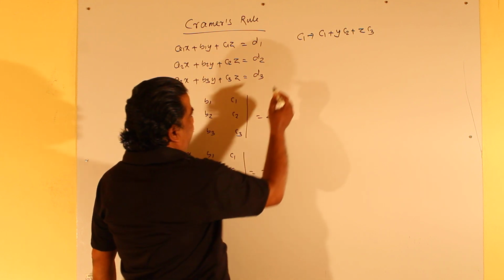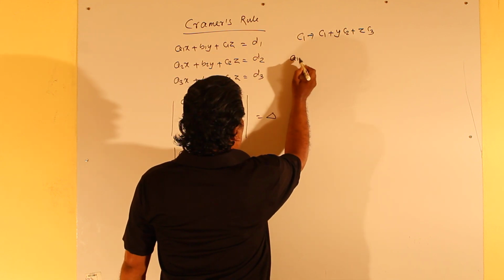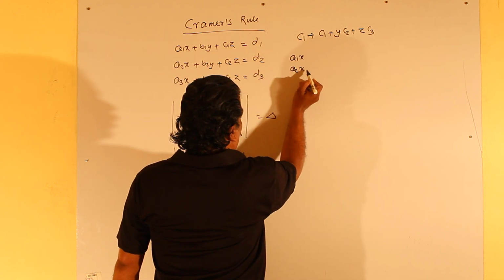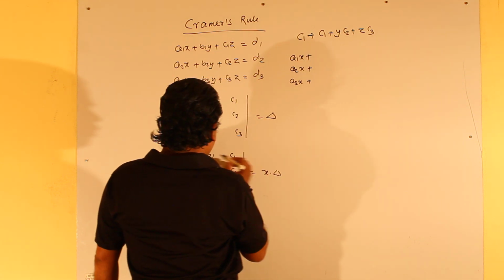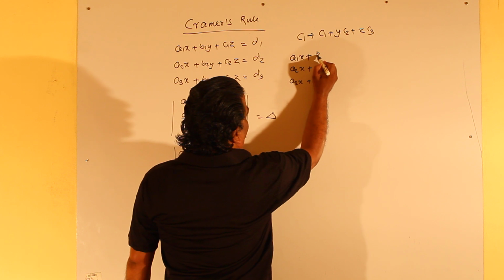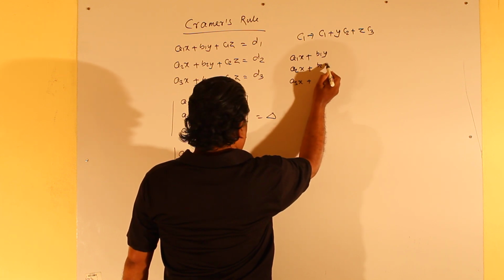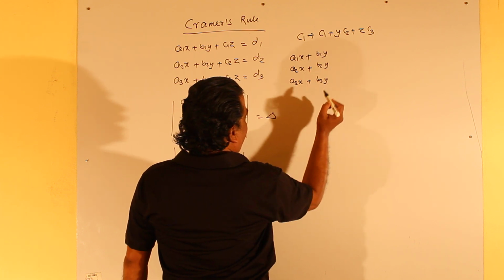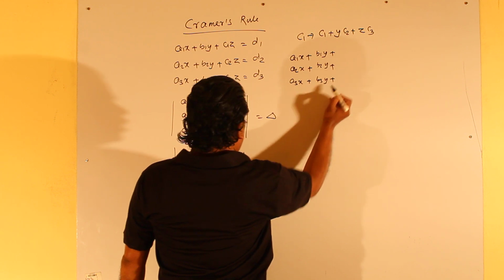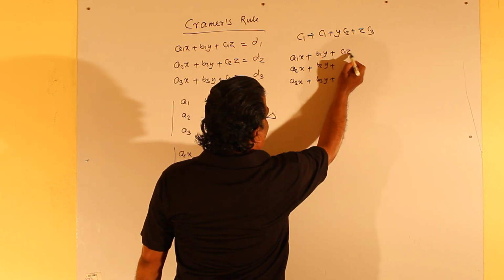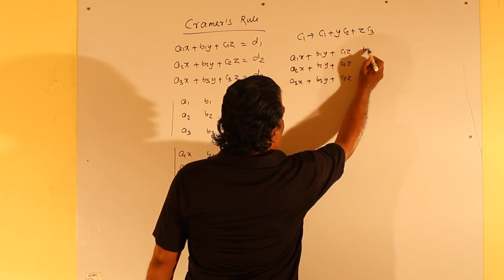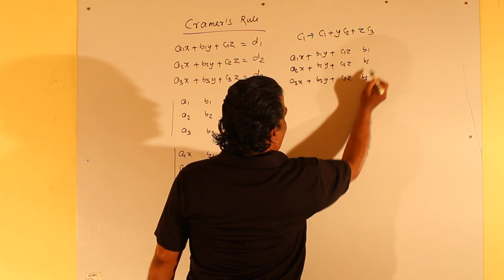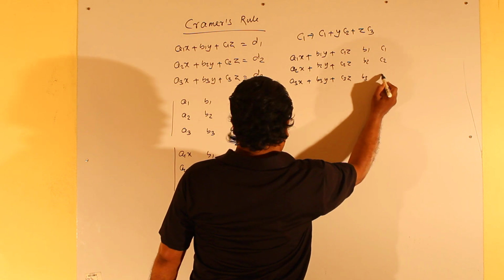So in case of column 1, we write a1x, a2x, a3x, and add y times column 2, b1y, b2y, b3y, and z times column 3, c1z, c2z, c3z, with b1, b2, b3, c1, c2, c3.